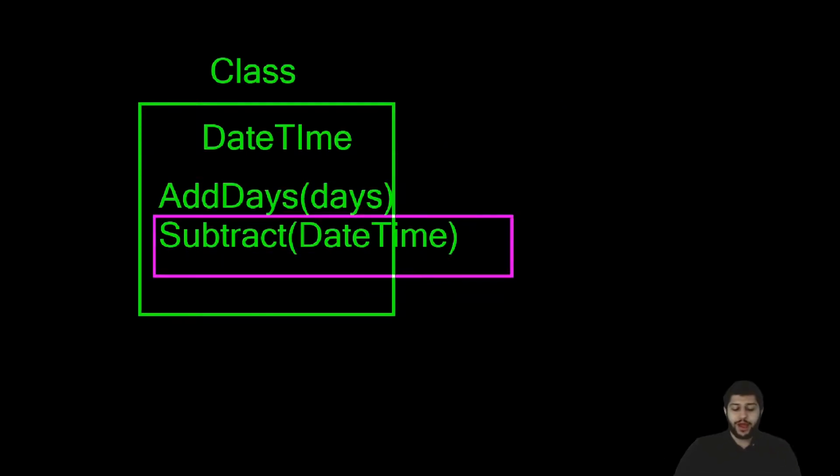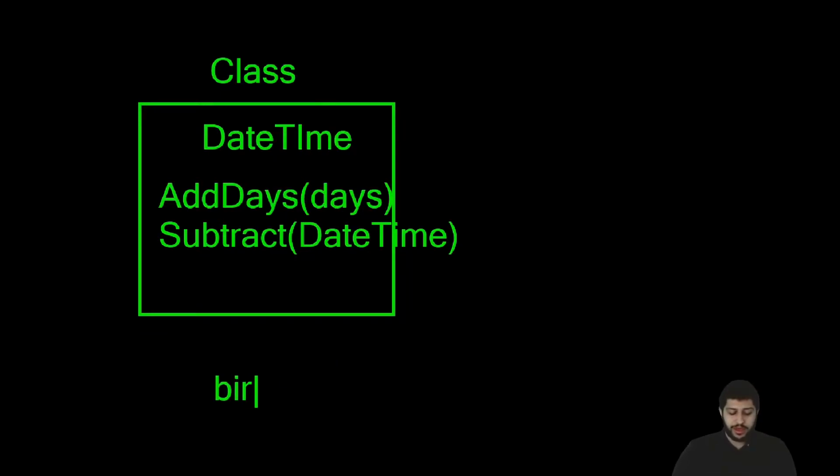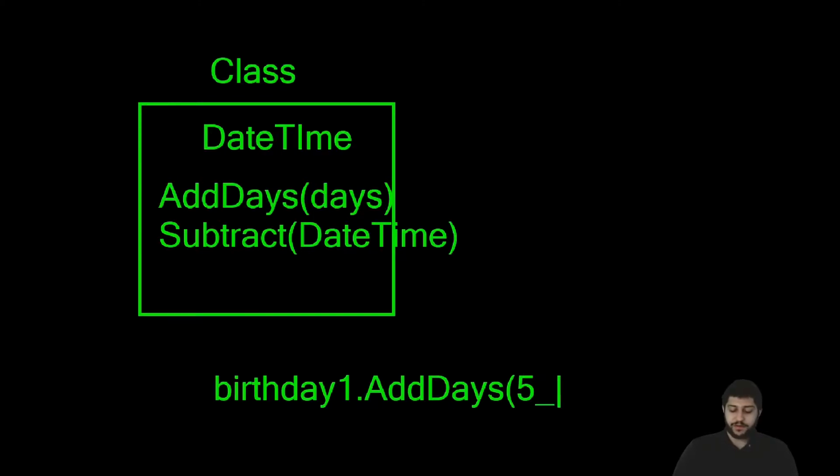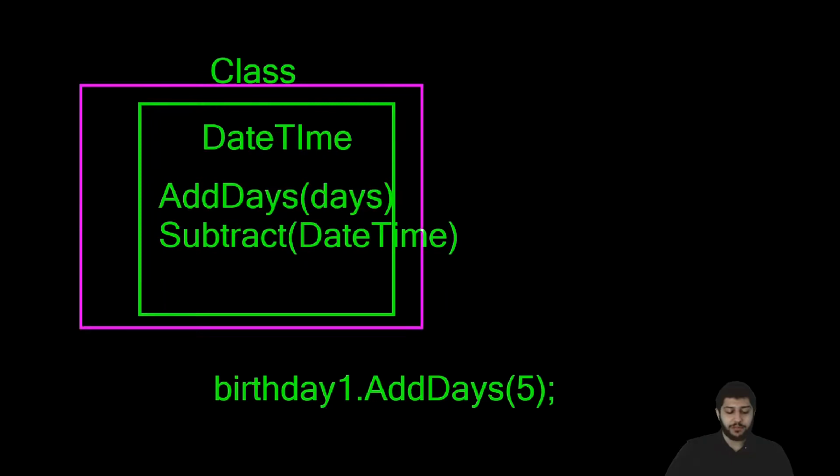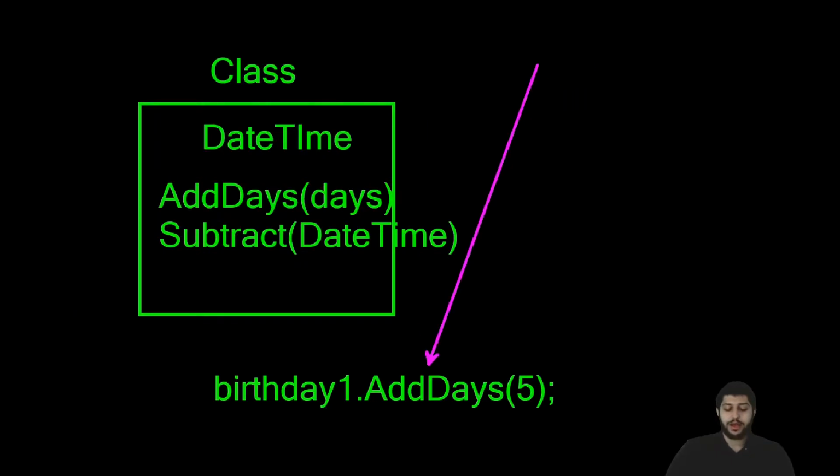We can subtract. And if we have two birthdays, birthday 1, we can say birthday 1 add days 5. And the birthday 1 object, because it's of type DateTime, it knows that it can behave in this way. It can add days to its days.